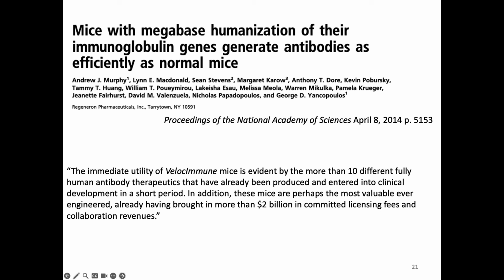These mice are known as the Velocimmune mice. And this was 10 years ago. There were already 10 therapeutics from the Velocimmune mice, and they were probably the most valuable mice ever engineered, having already brought in $2 billion at that point. And they just keep on going.